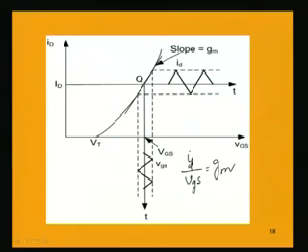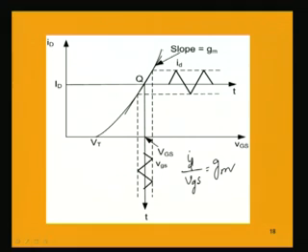So, the Q point, let us assume that it is located here, and the coordinates of the Q point are given by capital VGS and capital ID. Now, if we find out the slope of this transfer characteristic at the point Q, that will give us the transconductance gm.